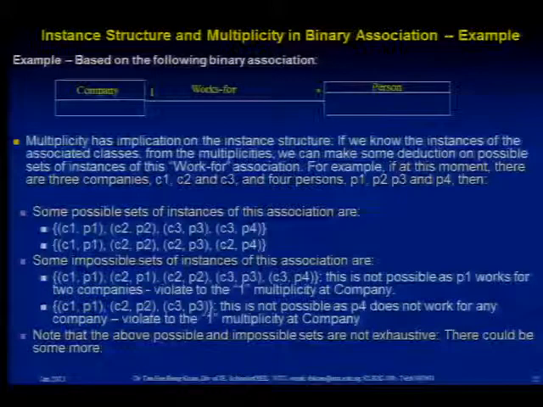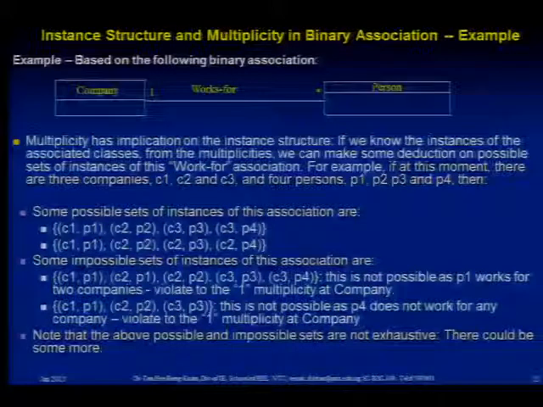So it is not possible for work for association to have this set of instances, because this set of instances does not satisfy some property defined for work for associations.